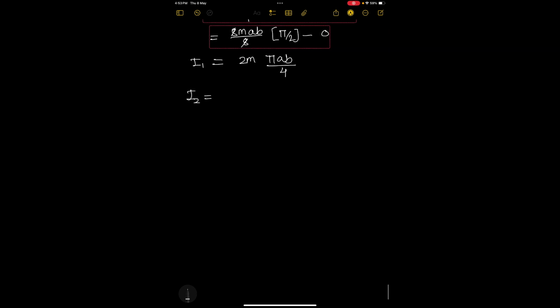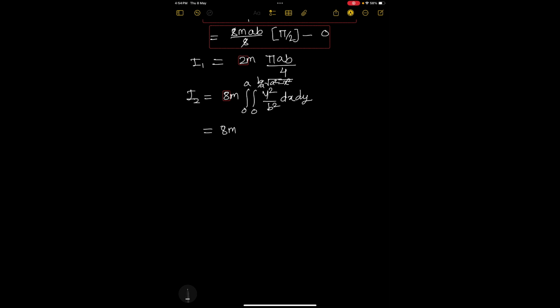Similarly, the second integration is I2, which can be written as 8m double integration of y square by b square dx dy. Here it is 0 to b by a root a square minus x square, 0 to a.